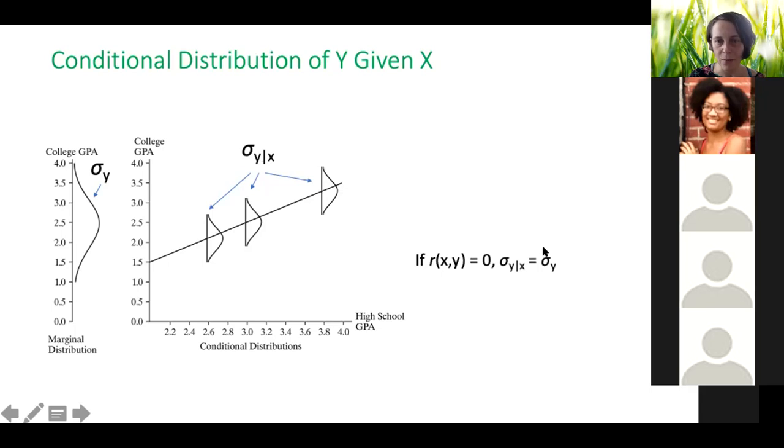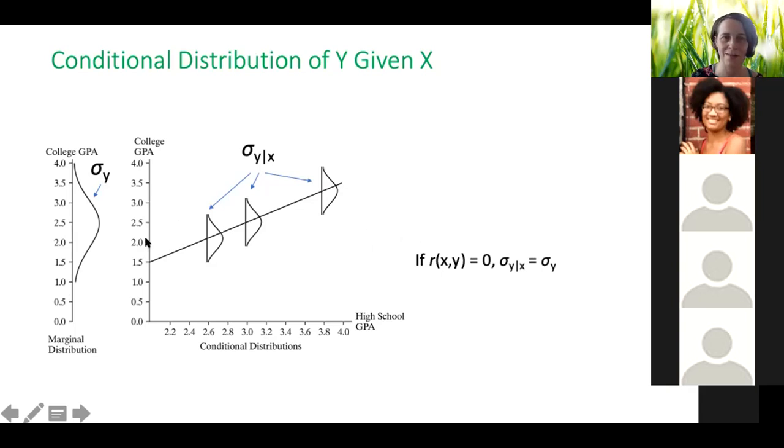When we have no relationship between our predictor and the outcome variable, then our conditional distribution is basically the distribution of our outcome variable. In this case we would predict the mean, so our regression line would just be a horizontal line.